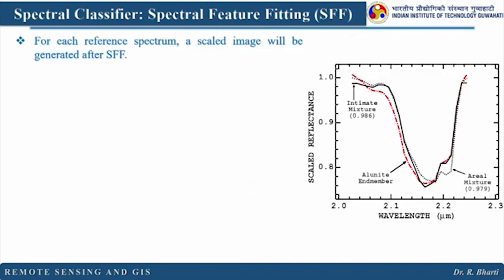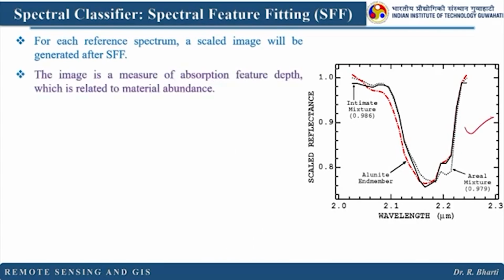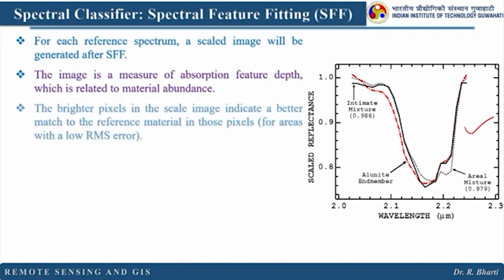For each reference spectrum, a scaled image will be generated after spectral feature fitting. The image is a measure of absorption feature depth, which is related to material abundance. The brighter pixels in the scaled image indicate a better match to the reference material in those pixels, for the areas with a low RMSE error.